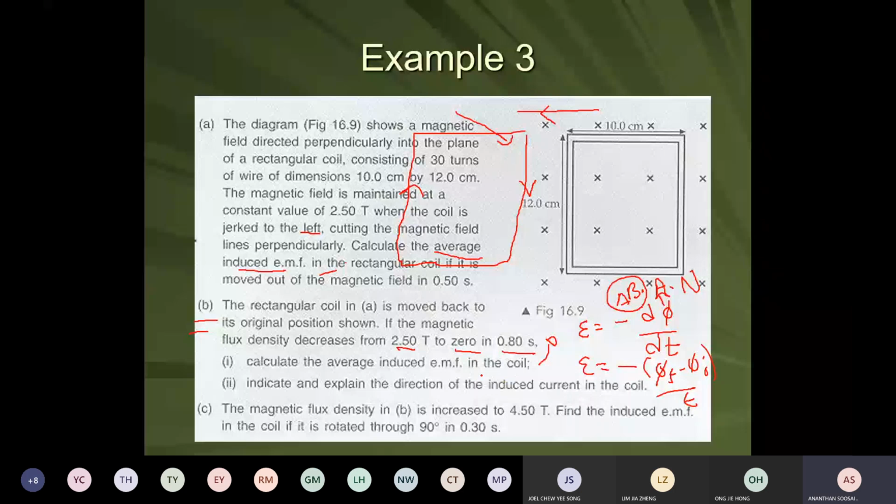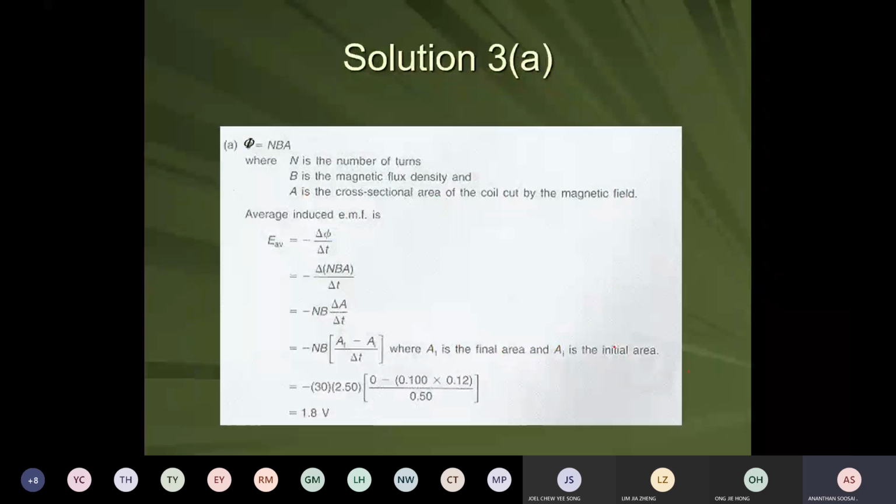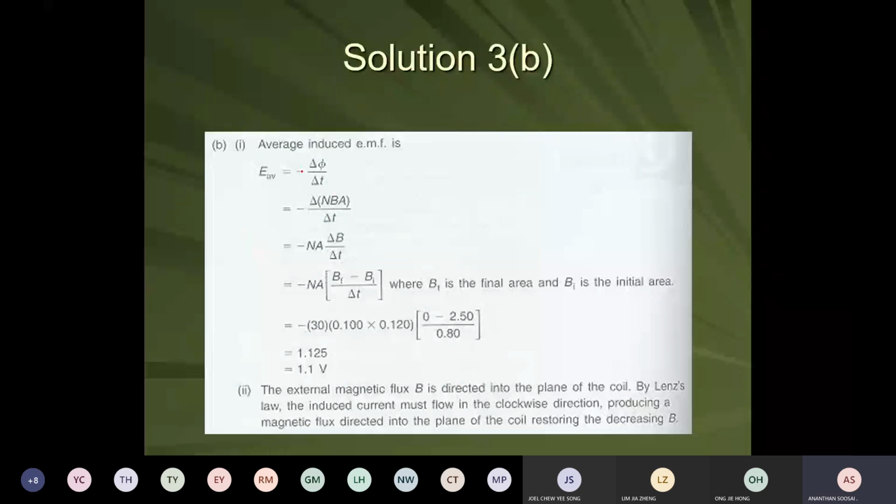Okay, so calculate the EMF, please. Final flux is 0. So BAN of final minus BAN of initial. If I go back to the answer, this is the working. So negative d psi over dt.